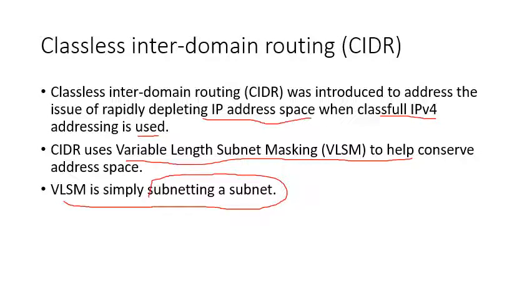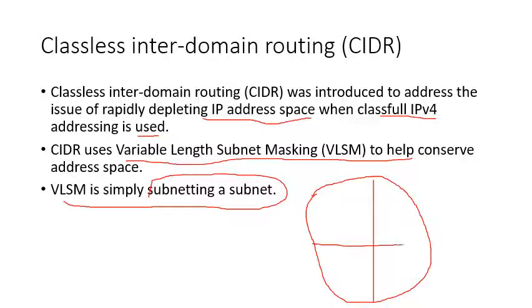So for example, if you are given a large network, let's say a class A network, or any class. So you have a large network. Now you divide the network into several subnetworks, and this uses subnetting.